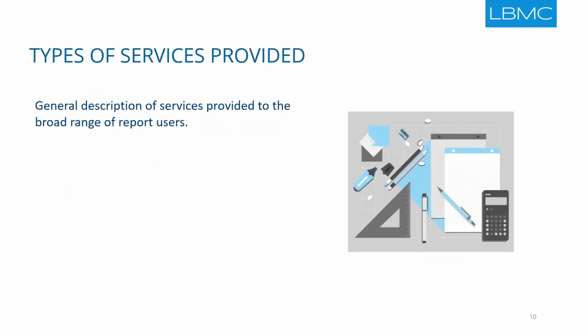Types of services provided. This one is pretty straightforward. Here, a service organization can draw on some of its existing documentation for describing the services it provides to the broad range of report users, not each individual one, and this should be contained to information relevant to the scope of the examination.